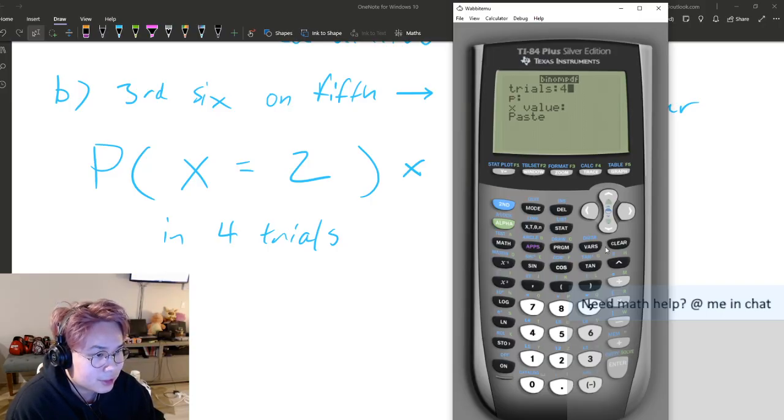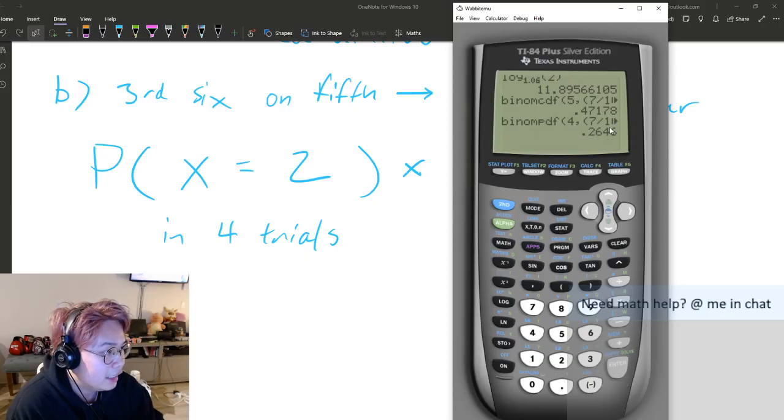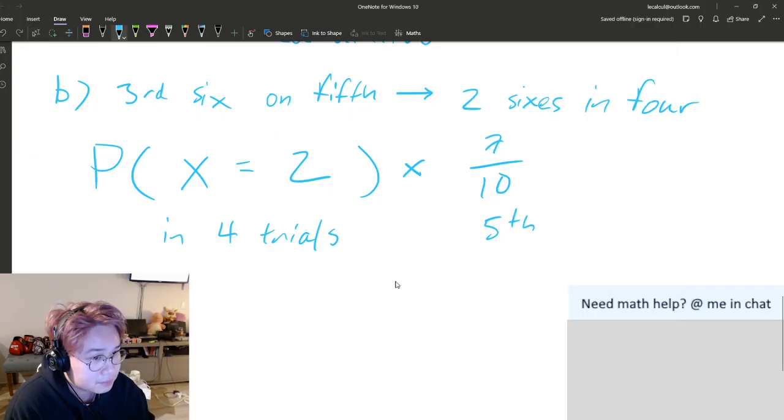So this is 4 trials now. The probability of getting a 6 stays the same, and I'm interested in getting 2 of those. So here's the probability of that, and then I need to multiply this by the third 6, which was 7 over 10, so 0.185.